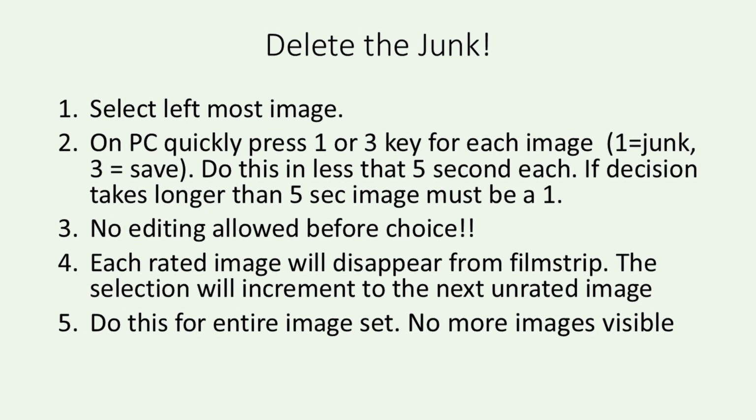And what happens with each image as it's rated, it disappears off the film strip and you automatically increment to the next unrated image. It's very fast. No editing allowed before the choosing, and do this for the entire image set until there are no more images left in the film strip.